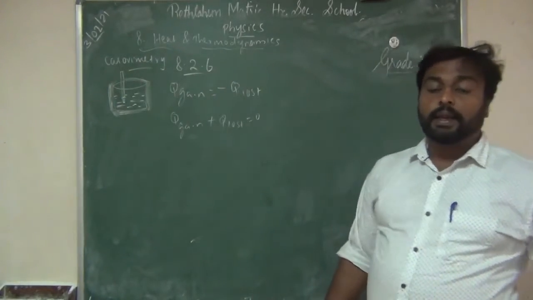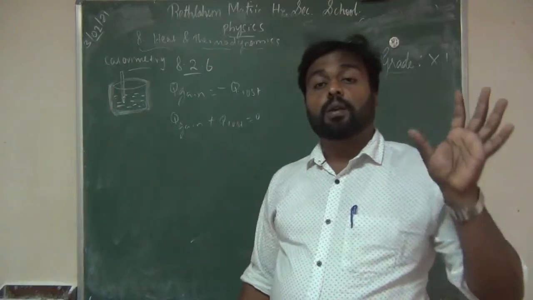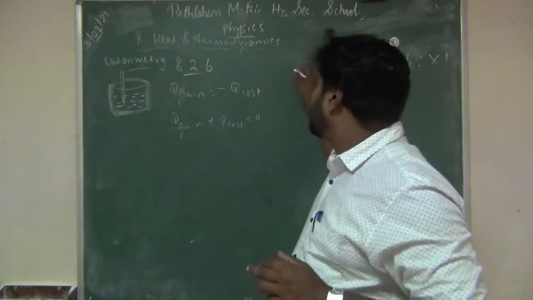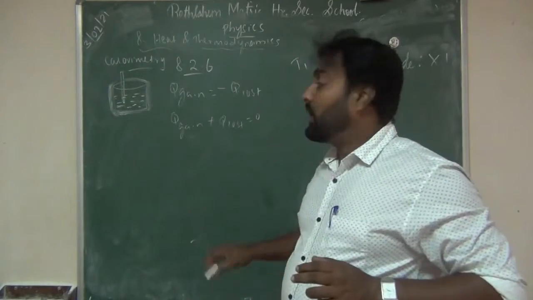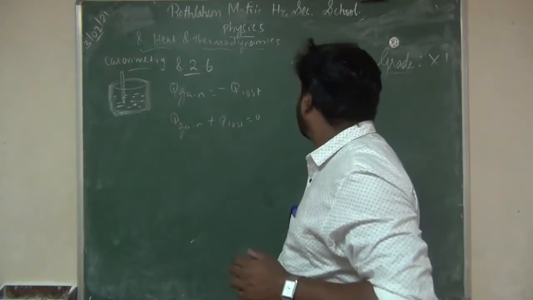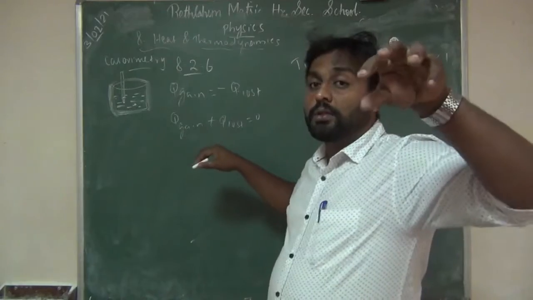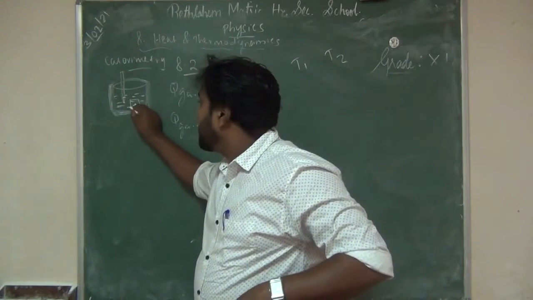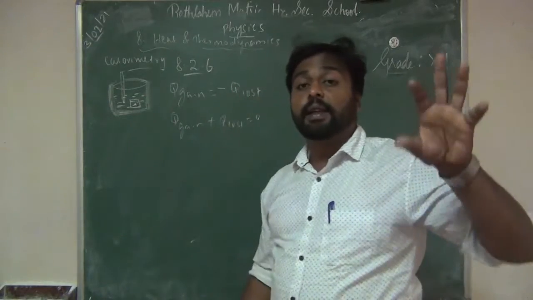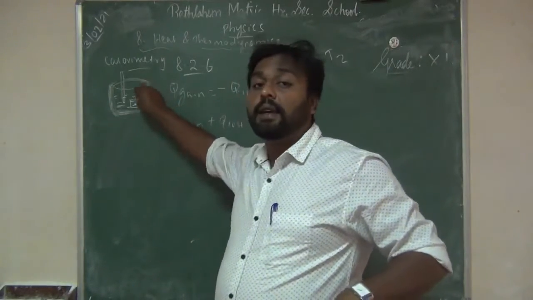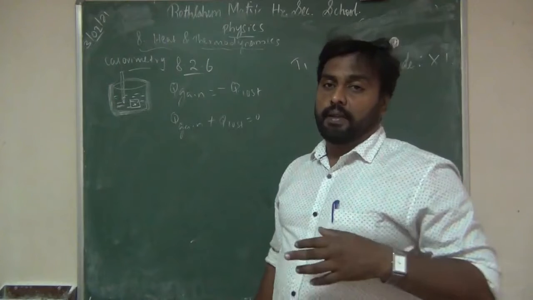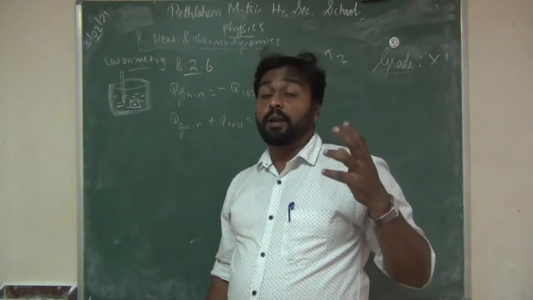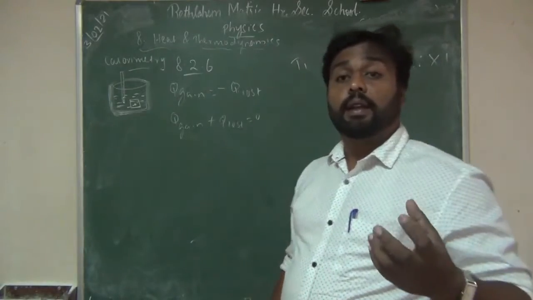Now assume that you have one hot sample, its temperature is T1, and the water temperature is T2. Now you are dropping this hot sample with temperature T1 inside the calorimeter.